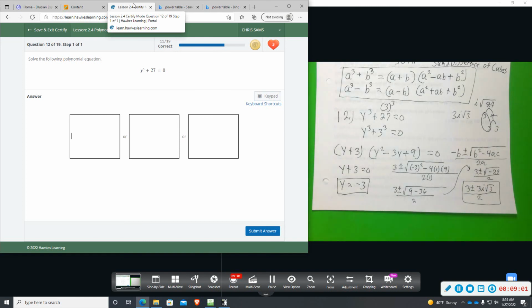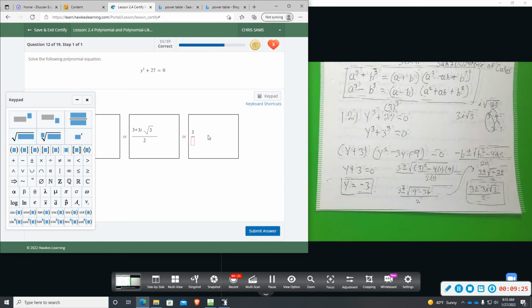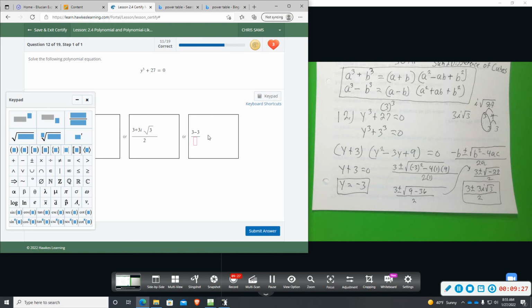So we get 3, and then I'm going to do the division bar, 3 plus 3i, and then keypad, I need the square root of 3 over 2, and then over here I have to do the same thing, 3, but a minus this time, 3i, square root of 3 over 2.